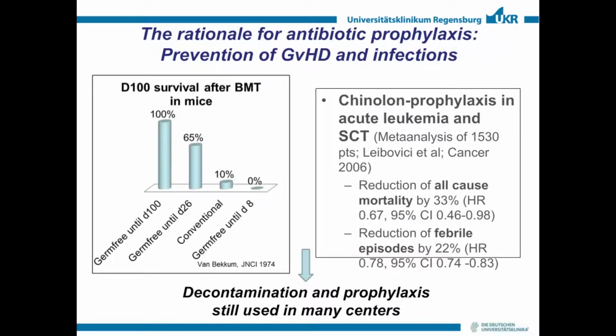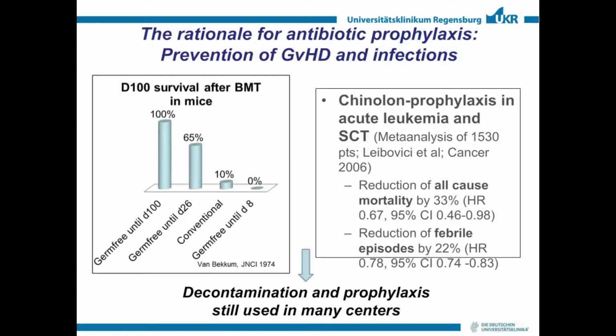Now, the idea of manipulating the microbiome in the setting of allogeneic stem cell transplantation is not a new one. We have this old data that mice grown in a germ-free condition do not develop graft-versus-host disease after transplantation, at least of marrow.